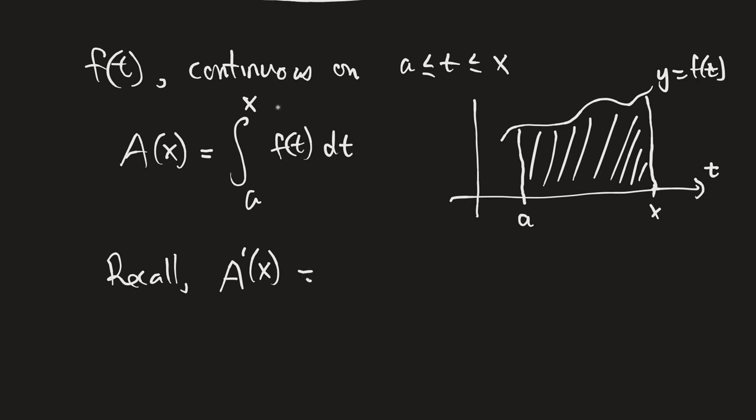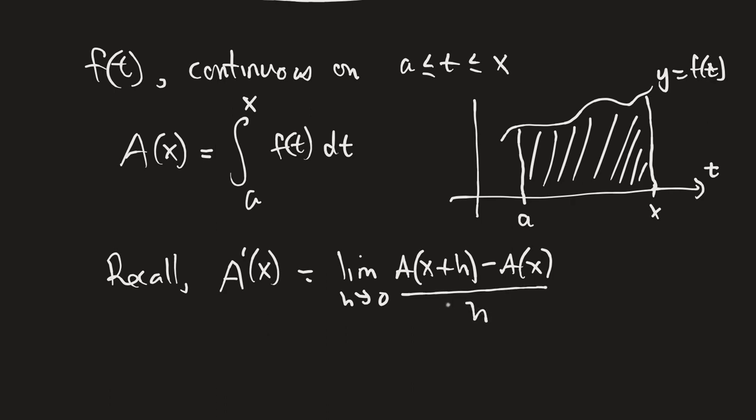So if I wanted to know what the derivative of this function is, the limit definition says I would have to take the limit as h approaches 0 of A of x plus h minus A of x, all over h, right? This is our limit definition for the derivative. So for this area function, we're going to have to compute this difference quotient and then take a limit at the end and see what we come up with.